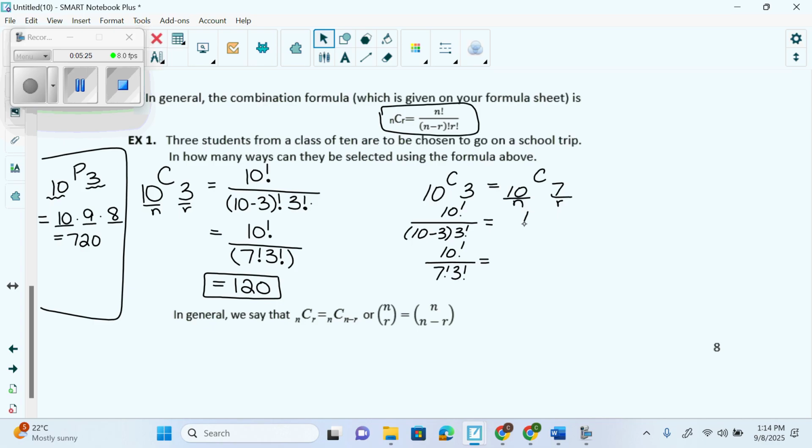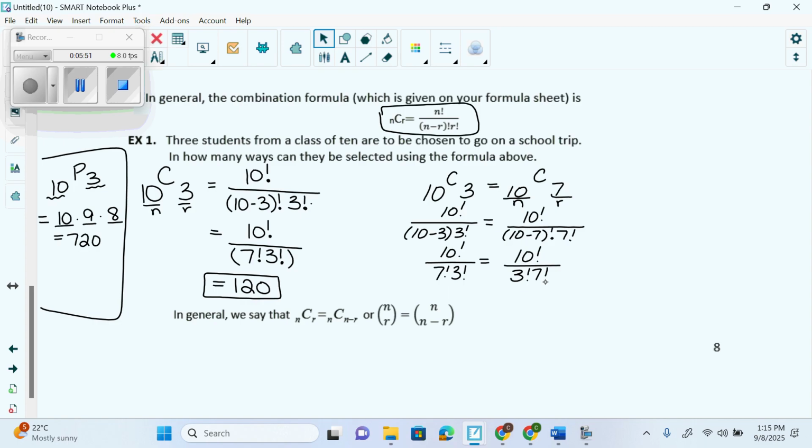So I'm going to get 10 factorial over n minus r, so 10 minus 7 factorial, and then r factorial, which is 7 factorial. So now I get 10 factorial over 3 factorial, 7 factorial. Those are the same answer, are they not? Because 7 factorial times 3 factorial, 3 factorial times 7 factorial, same thing, right? Multiplication, 2 times 3, 3 times 2. So that's why you're going to end up with the same answer.